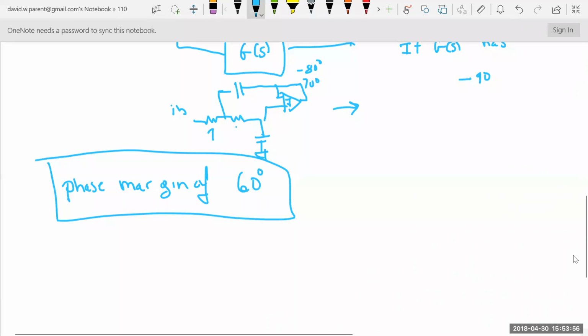This is a little bit more than I wanted to go over today. I think in 132 they should talk more about phase margin.